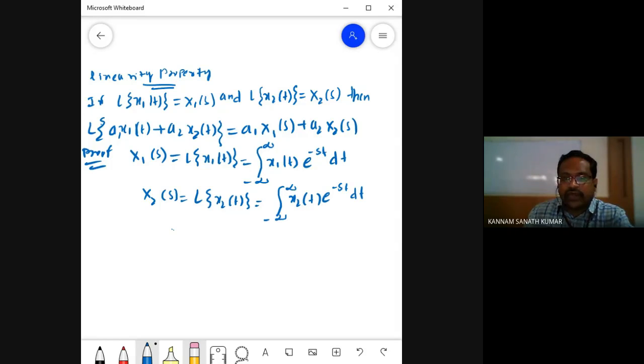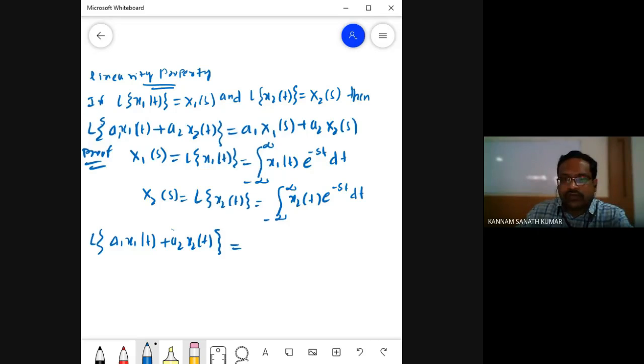x2 of t. Okay, now I need to calculate the Laplace transform of a1 x1 of t plus a2 x2 of t. So this is equal to what?